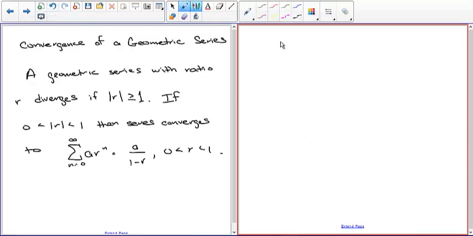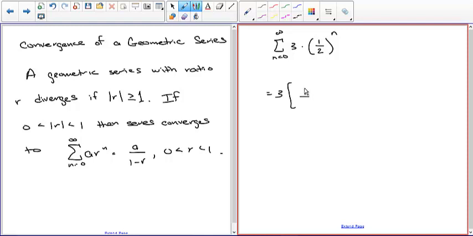So if I said the summation from n equals 0 to infinity of 3 times 1 over 2 to the n power, that's an example of a geometric series. Everything's multiplied by 3, so I'm just going to put that outside.